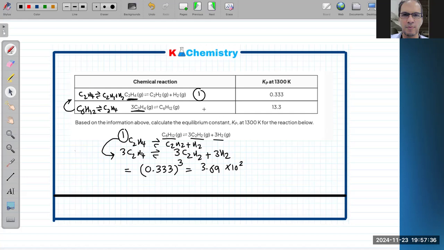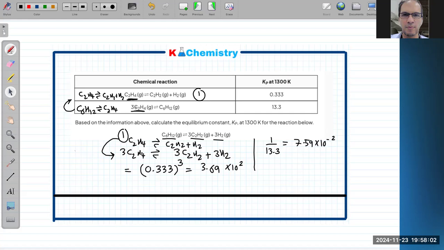And since I have originally reversed this one, then I need also to reverse this value. So this value was 13.3, so this is for the second equation. And then this was reversed, so I'll make it 1 over 13.3 cubed, that's equal to 7.59 multiplied by 10 to the power of -2.